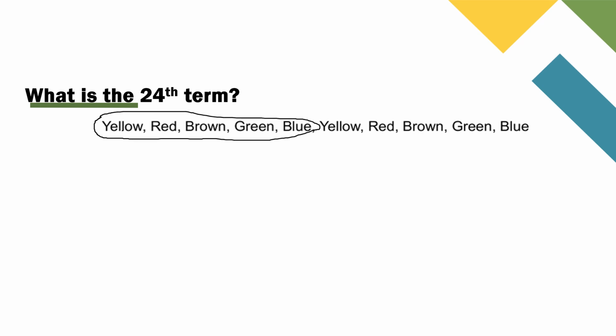So my foundation is made up of 1, 2, 3, 4, and 5. So the number I'm trying to use is 5. 5 times something will equal 24. So, will that work? No. 24 is not a multiple of 5.